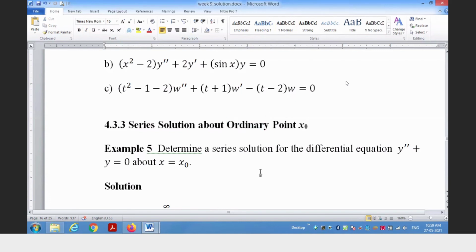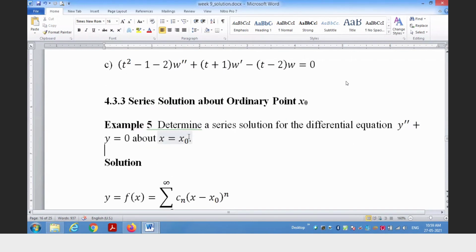Now example 5. Determine a series solution for the differential equation y double prime plus y about x equal to x naught.